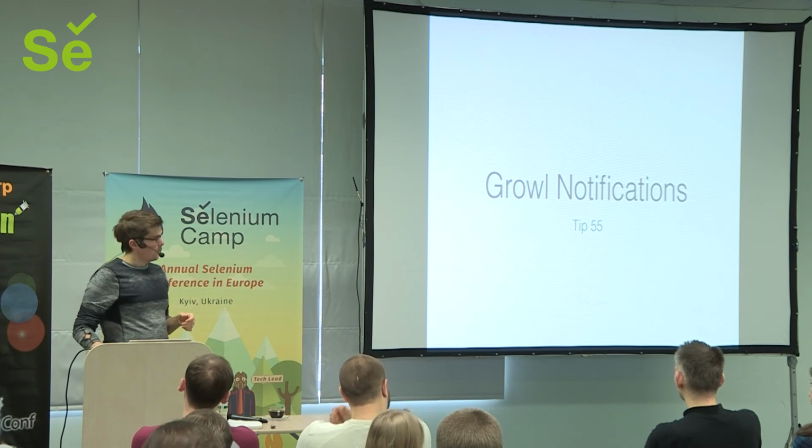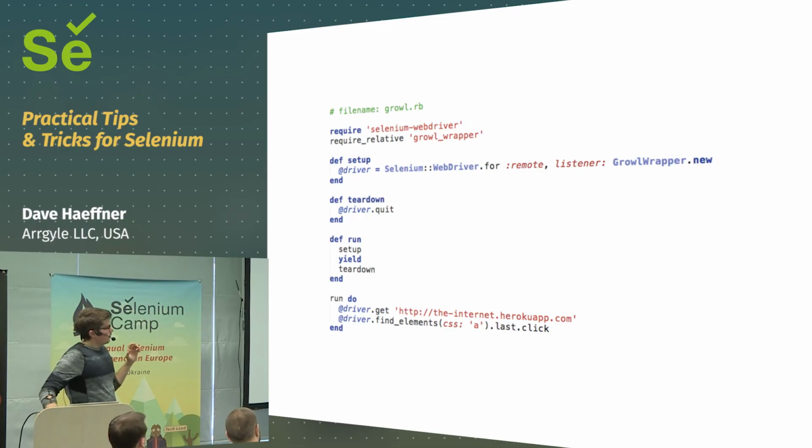With Selenium, you can use an event listener. With an event listener, there is the ability to hook into the before and after actions of find element and those kinds of things.